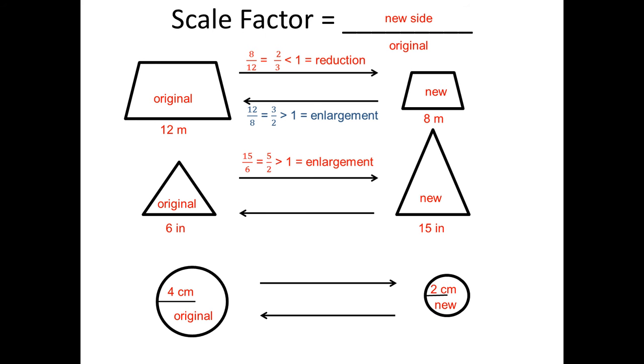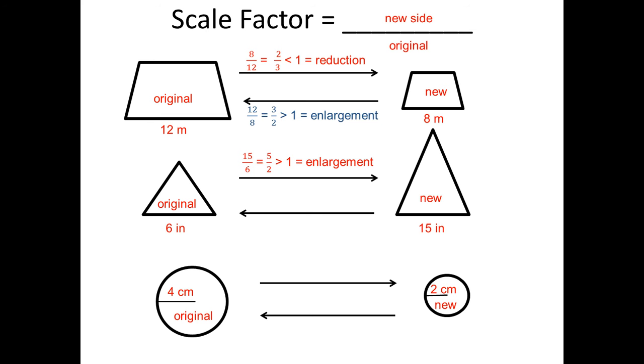So on my triangles, I'm going from an original of 6 to a new of 15, so I better be getting an enlargement. The new side over the original, 15 over 6, reduces to 5 over 2, and 5 over 2 is greater than 1, which is an enlargement.